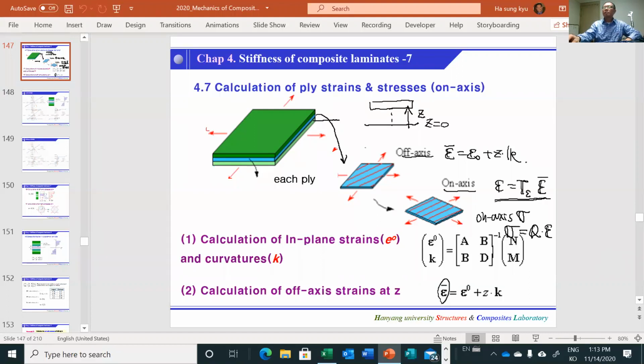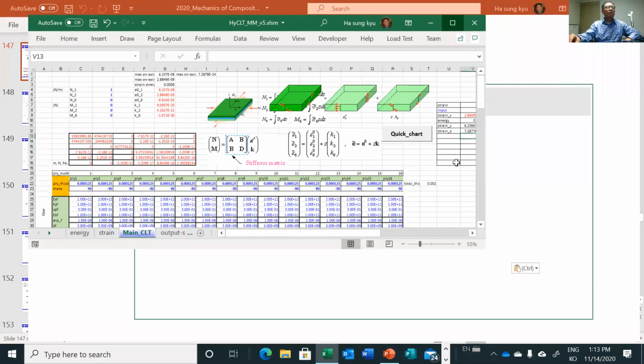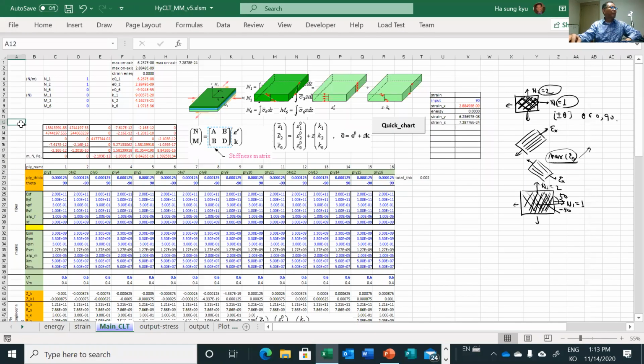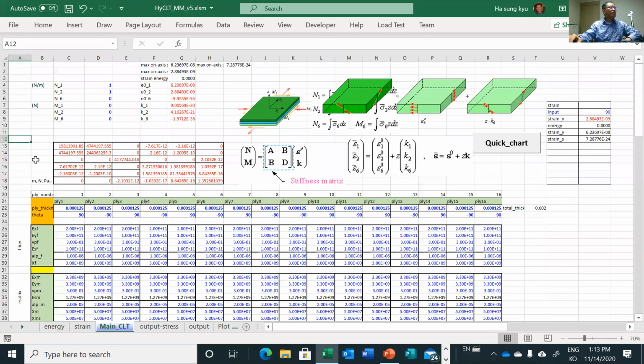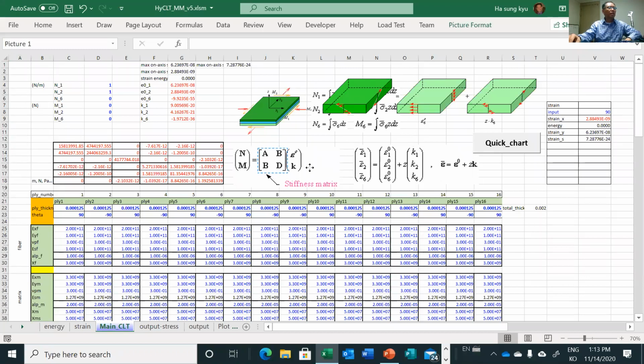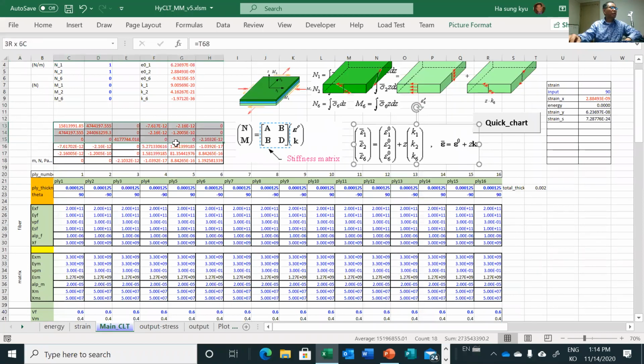So again, let's take a look at the Excel we developed based on that theory. Again, I just copied it into here. So this is the ABD matrix.